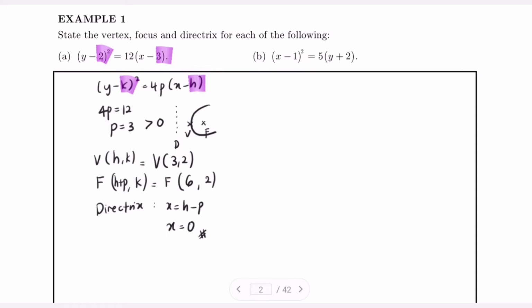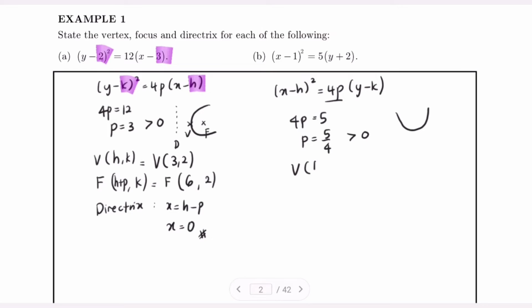For part B, we're going to start with comparing with the formula, which is x minus h squared equals to 4p times y minus k. Okay, we notice that 4p equals to 5, so p equals to 5 over 4. P is also greater than 0, but this time it's going to open upward.